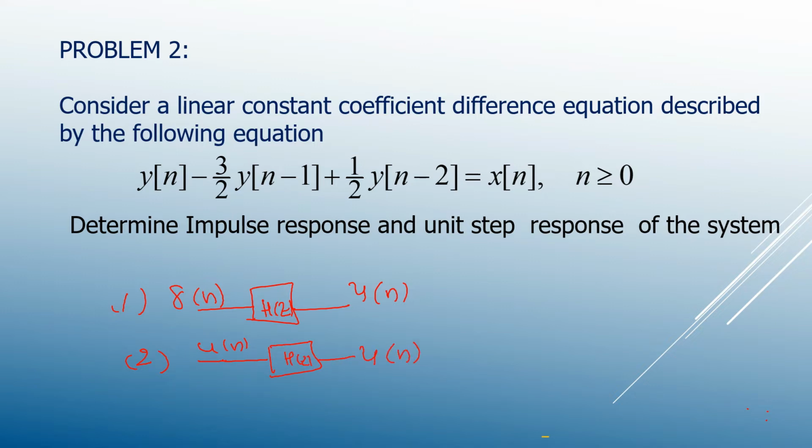That is the step response. The first step is to find H(z) from the given LCCDE. Once you know H(z), we can compute Y(z) = H(z) X(z) for a particular X(z), because H(z) can be obtained from the LCCDE.